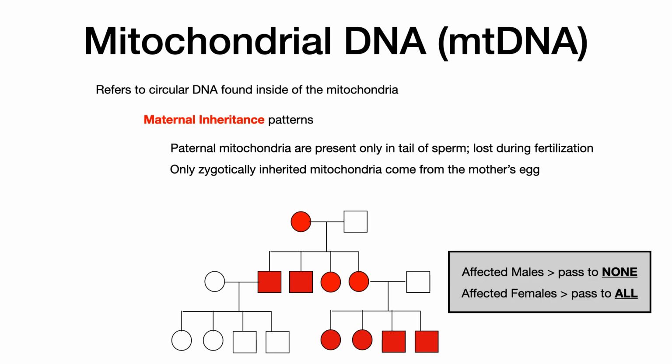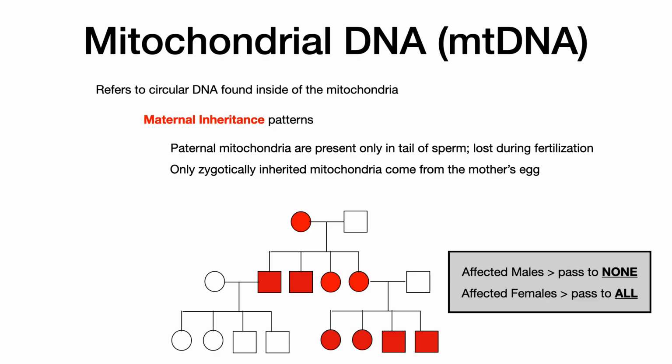And so in your pedigree, what you want to look for is that if it's an affected male, none of the offspring will get the disease. Again, because paternal mitochondria doesn't get passed on. It's lost through the tail of the sperm during fertilization. But if it's an affected female, she will pass it to all of her offspring because, again, the only mitochondrial DNA is zygotically inherited from the mother's egg.